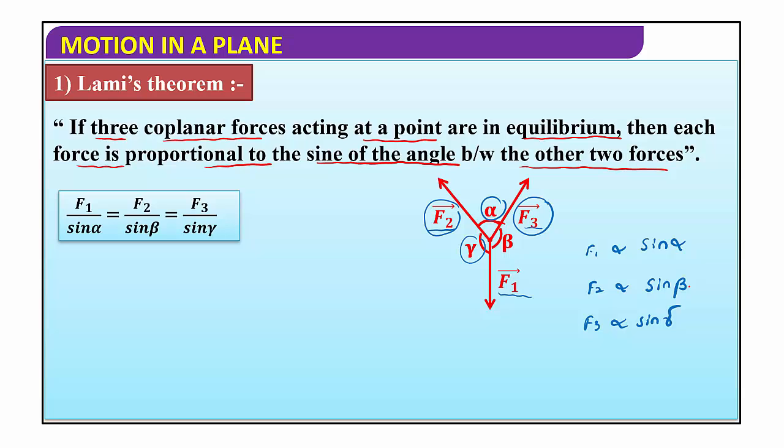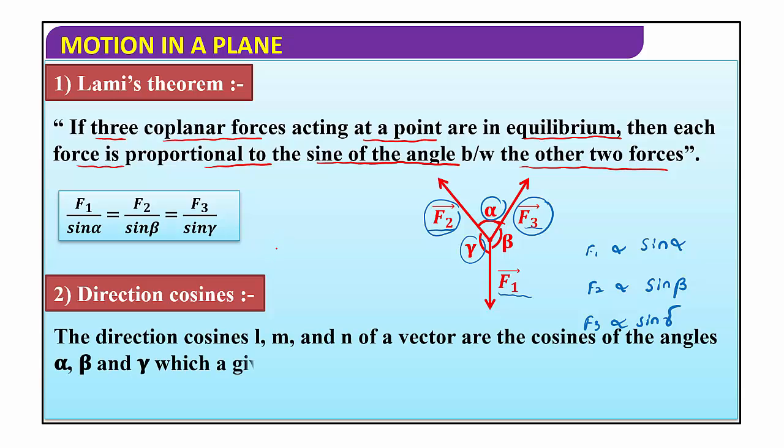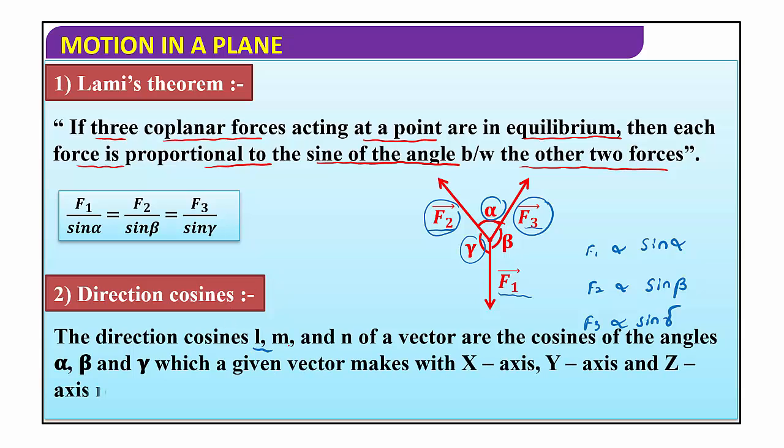Then come to the second one, that is direction cosines. See here, the direction cosines. Here I am going to consider L, M and N. L, M and N are the direction cosines of a vector.